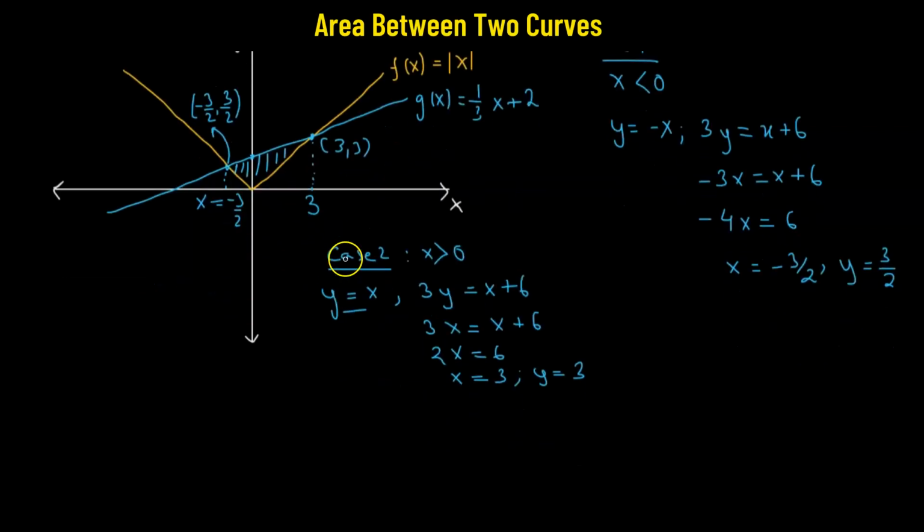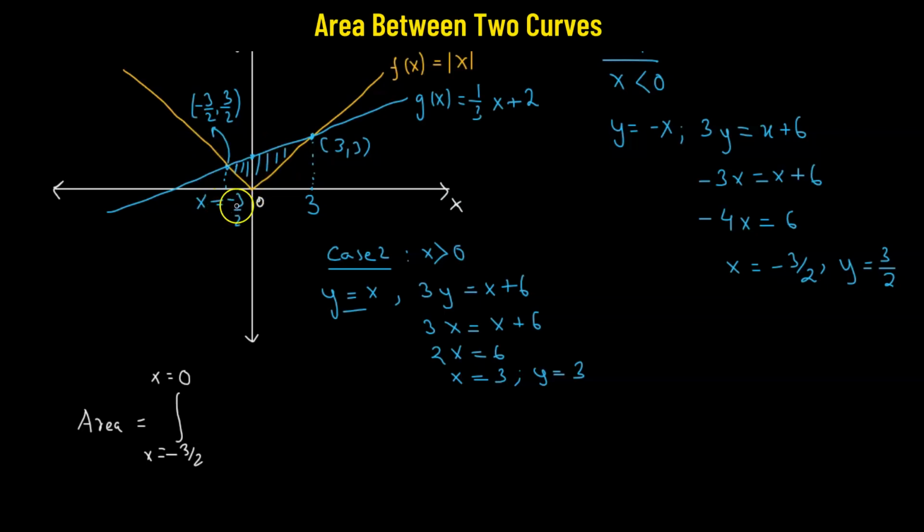So let's find the area of the shaded region. The area will be given by integration, and we'll break this integration into two parts. We'll first go from negative 3 over 2, this is your x value, to x equals 0. Now we'll have to consider g of x minus f of x at this time, because g of x is the upper curve and f of x is below g of x.